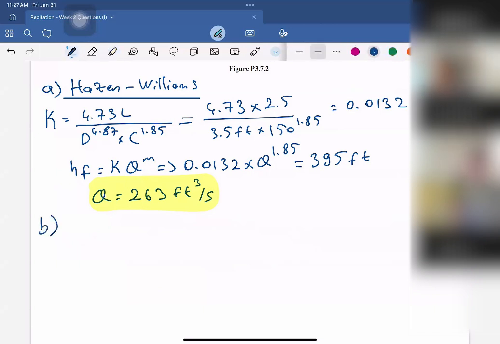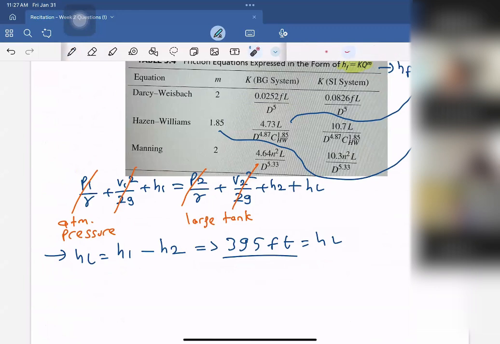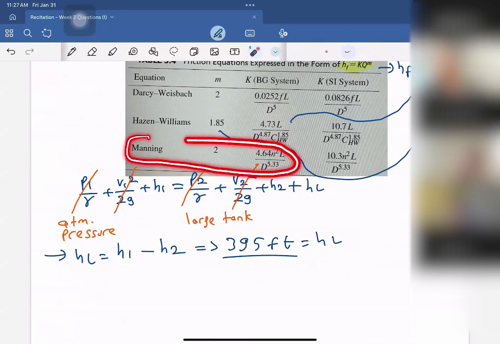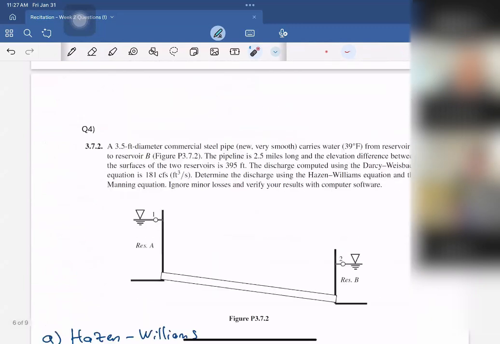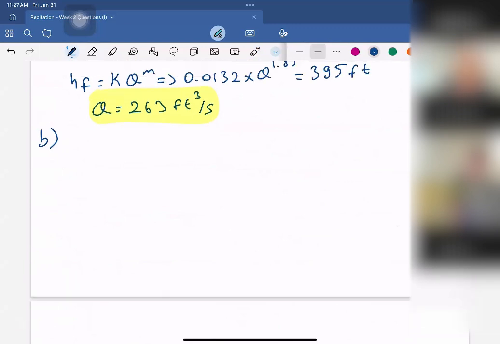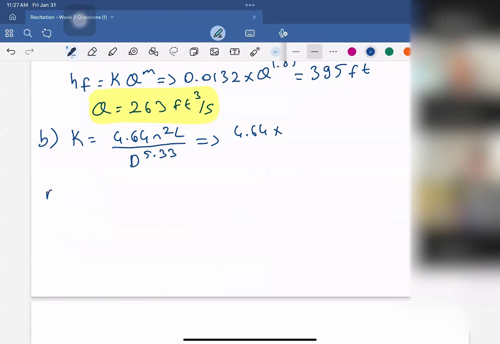And for Manning, we are going to do exactly the same things, but with a different equation, of course. And here we will need to use this M value and this equation. The K value for Manning is, and here n is the roughness coefficient.